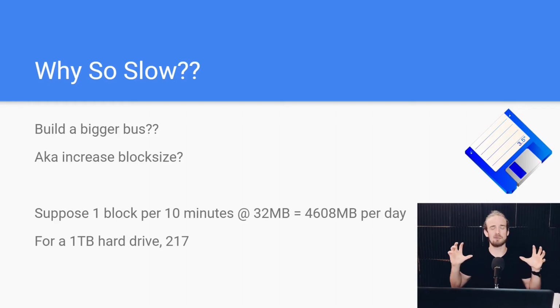The blockchain becomes much more centralized because now, again, producing 6 blocks an hour, 24 hours a day at 32 megabytes, I'm using up to 4.6 gigabytes per day, which means my 1 terabyte hard drive can only store about 217 days of transaction history.